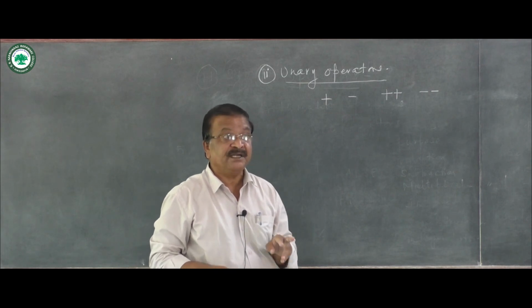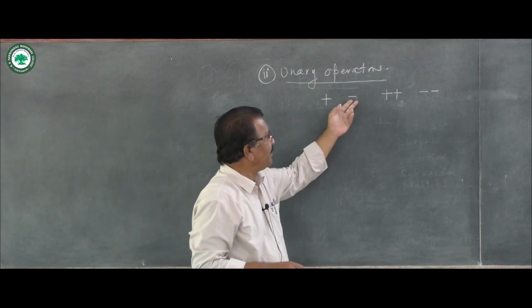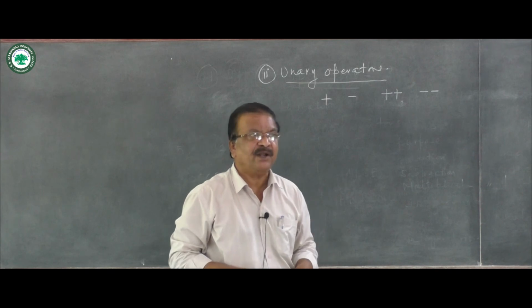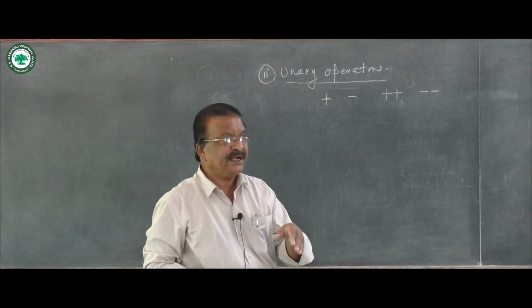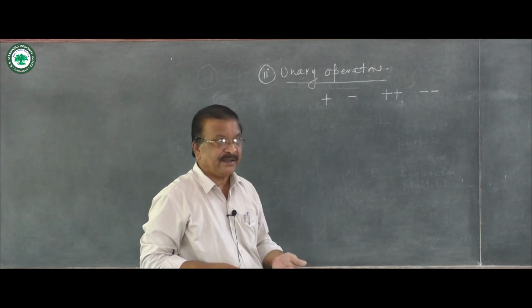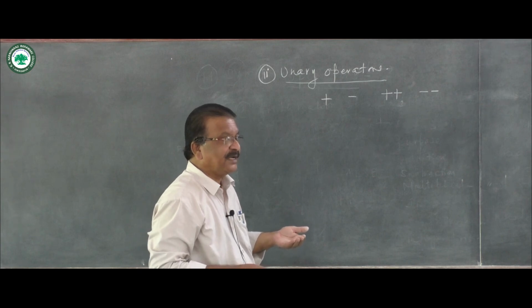Subtraction needs 2 operands, while applying unary minus to an operand results in the negated value of the operand. Any negative number is the unary minus operator followed by a positive numeric constant. That is the meaning of unary minus.